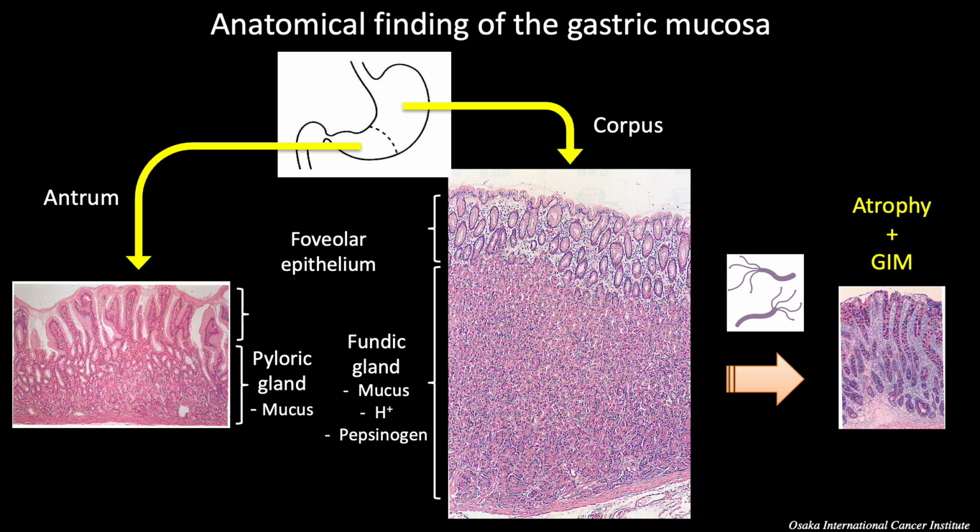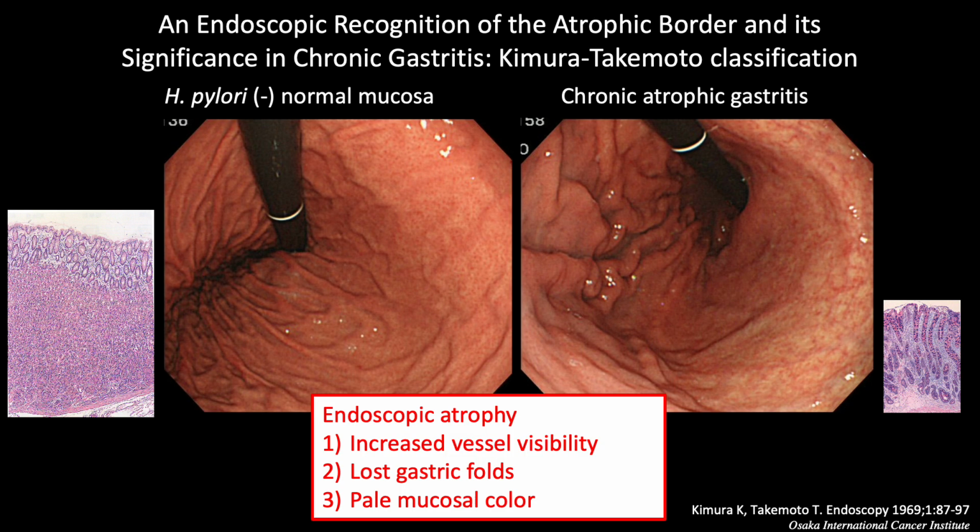These normal gastric mucosa are gradually morphologically altered by chronic persistent H. pylori infection, with atrophy and disappearance of the gastric proper glands and replacement of the superficial layer by intestinal metaplasia. The endoscopic image changes as a result of histological changes caused by H. pylori, as shown in the figure on the right.